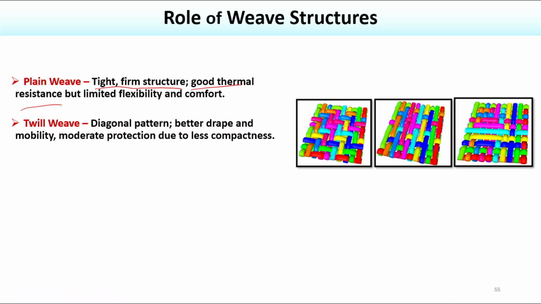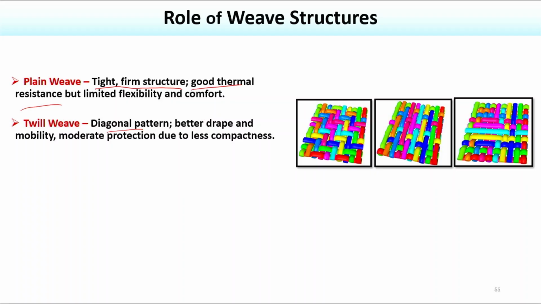In plain fabric another problem is that, due to being very compact, the number of interlacements is very high. So, the flexibility is less. In twill weave, as we have already discussed, a diagonal pattern is created.